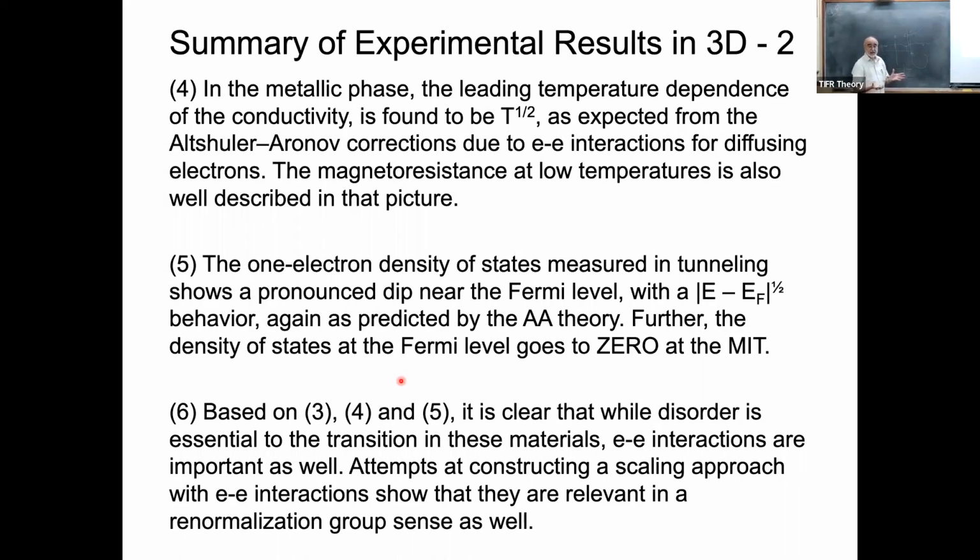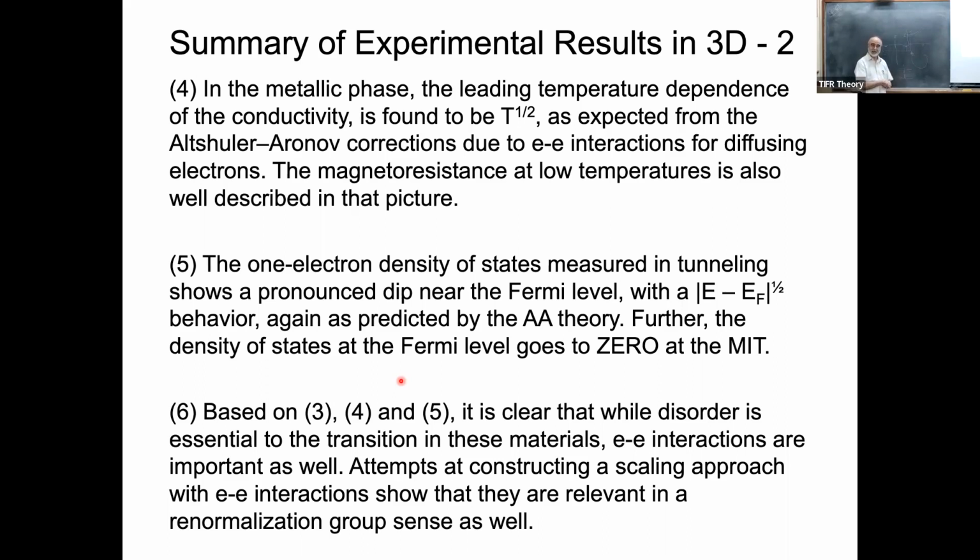In the metallic phase, we know that the temperature dependence is T to the 1/2, and that's what Altshuler and Aronov calculated perturbatively from the very high conductance regime, and that seems to work quite well. The magnetoresistance is also well described. The one-electron density of states measured in tunneling also shows this square root kind of cusp.